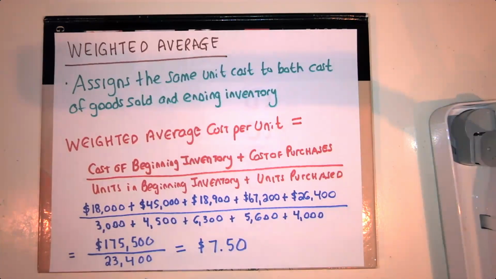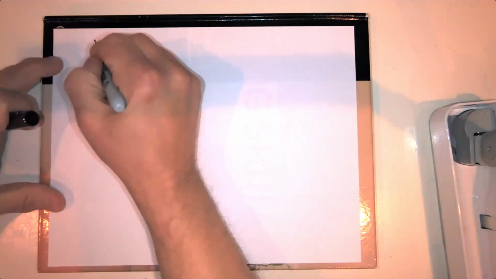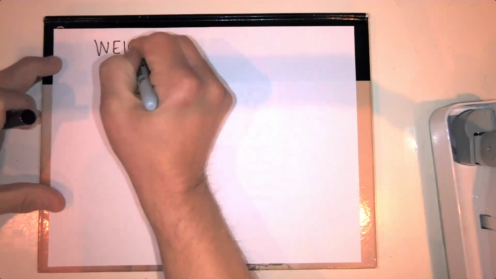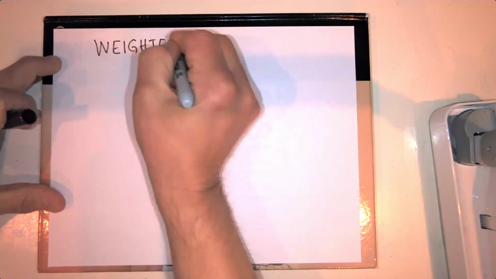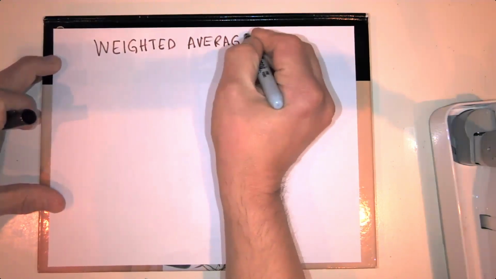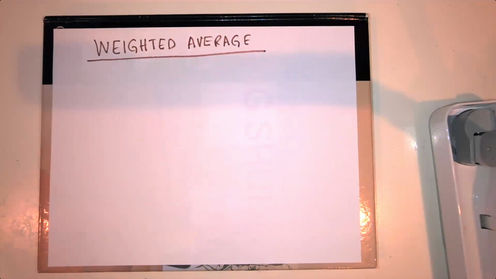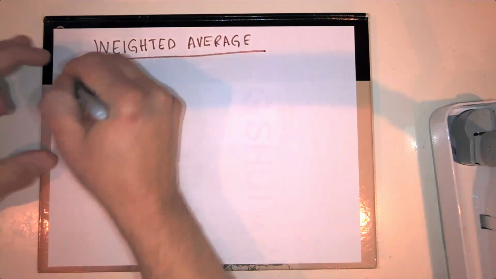Take a look at requirement number 3. Following the weighted average approach, we want to calculate our ending inventory balance. I'll start by asking for a volunteer.